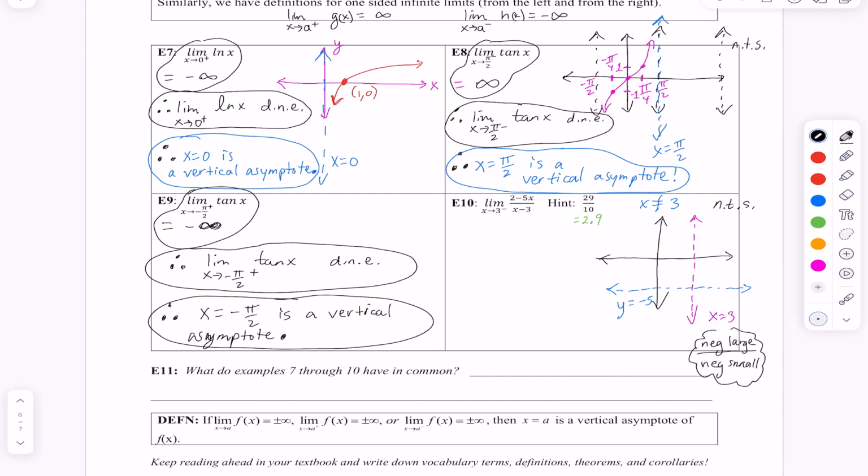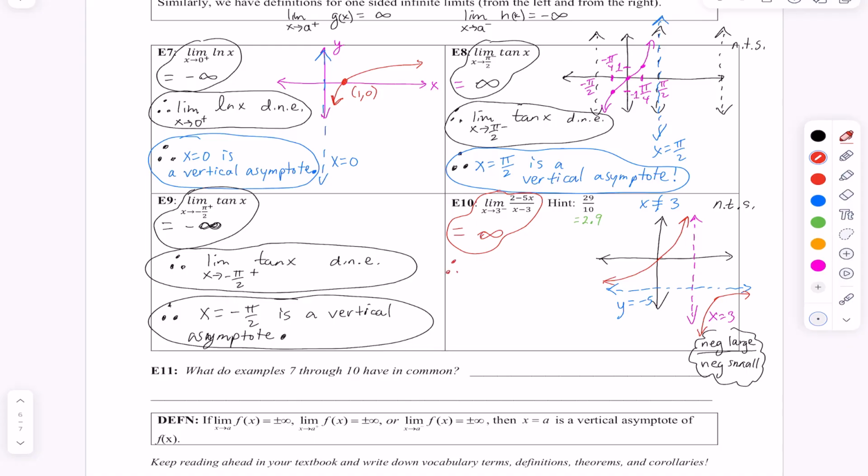So this gives you the idea that this is in fact approaching the concept positive infinity, as long as x is approaching 3 from the left-hand side. So I'm going to write that. It's approaching positive infinity as long as x is approaching 3 from the left-hand side.